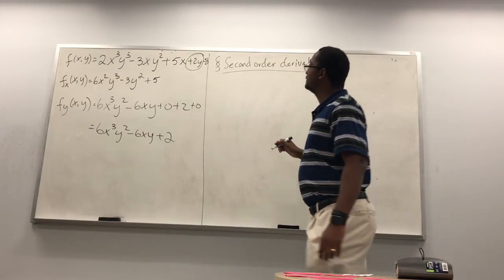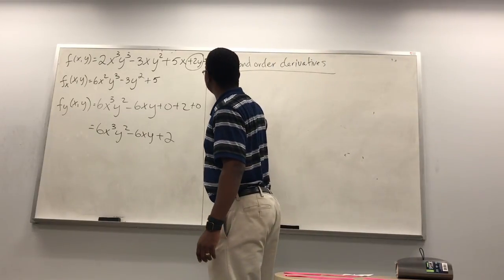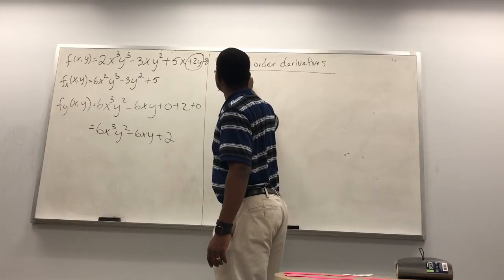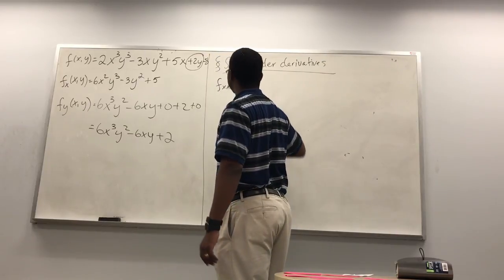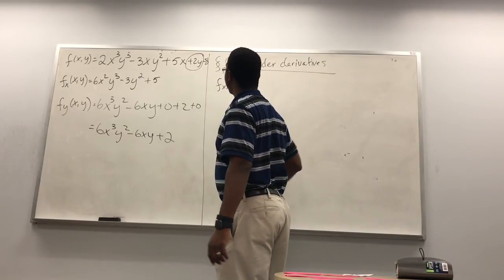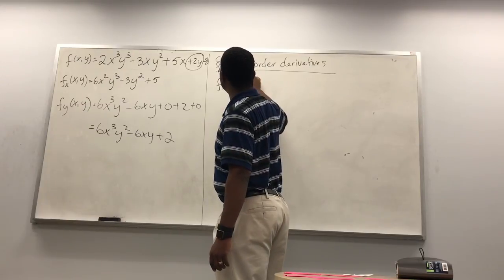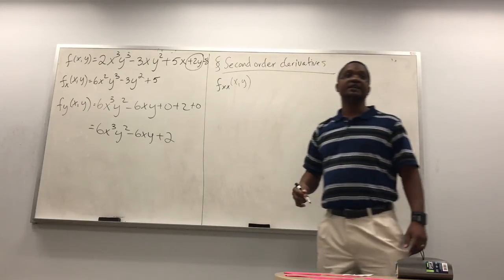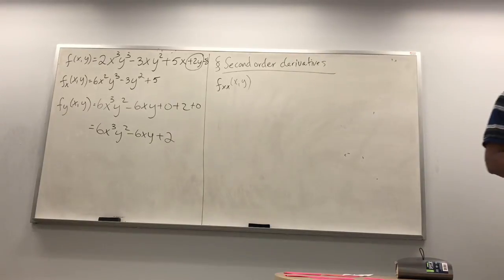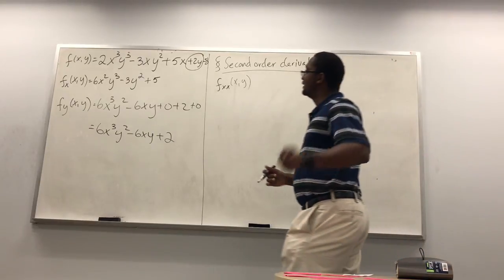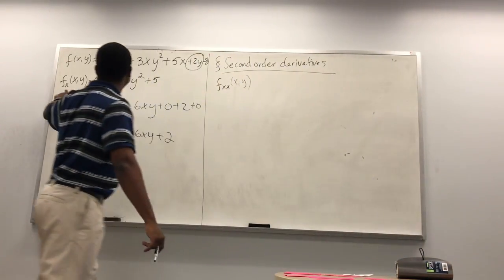Your second order derivative simply means take the derivative twice. So f of xx means take the derivative with respect to x twice. Over here, this is the first derivative.